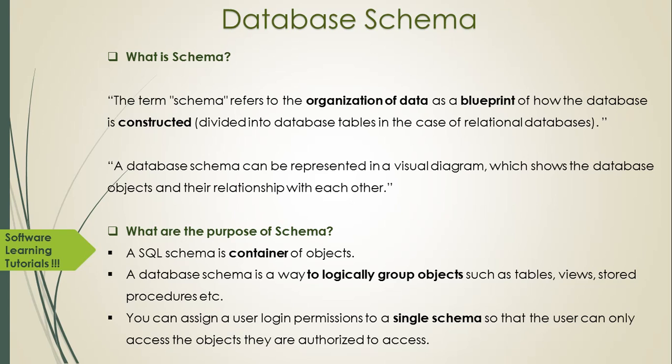A database schema can be represented in a visual diagram which shows the database objects and their relationships with each other. So this is nothing but the core of the database, where you cannot see the actual data, but you can see the relationship between the two tables and how they are working internally.